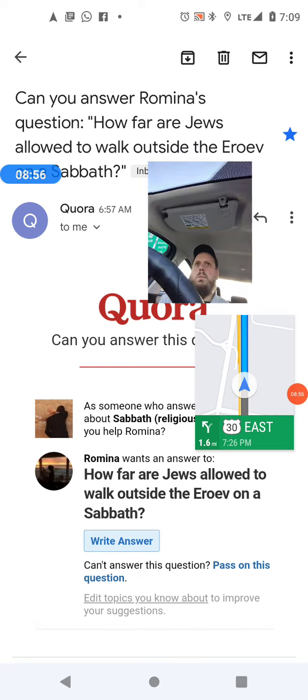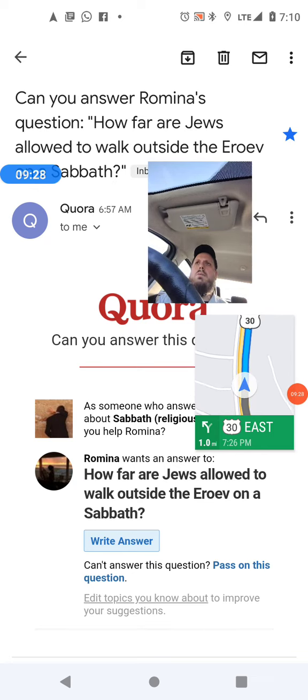going beyond that, there is no law that you cannot, if you're not carrying anything, go outside the eruv. Carrying, you can't carry even one step outside the eruv, or 4 cubits outside the eruv, which, if we say a cubit is 18 inches (there are different opinions how big the cubit is), is about 72 inches, right?